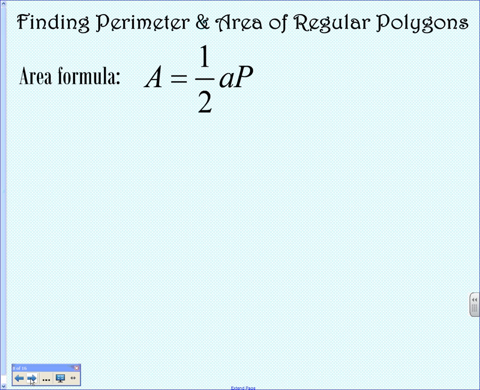Area equals 1/2 your apothem times your perimeter. Just regulars. They're not going to ask you to find the area of a non-regular one, really, other than like a rectangle.